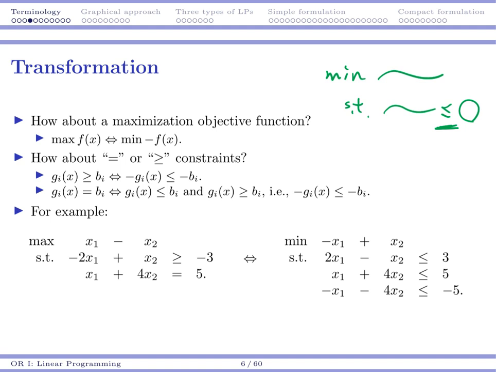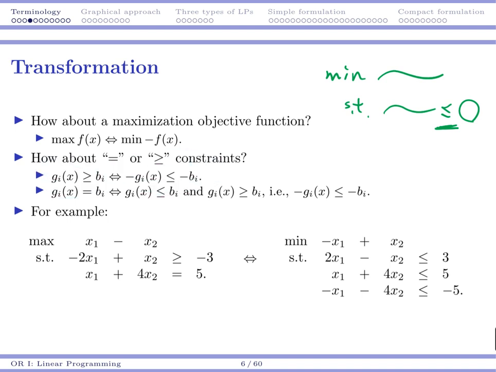Then how about equality or greater than or equal to constraints? Well, they both may be expressed by one or several less than or equal to constraints. If you say 3 is greater than 2, basically that just means negative 3 is less than or equal to negative 2. Alright?